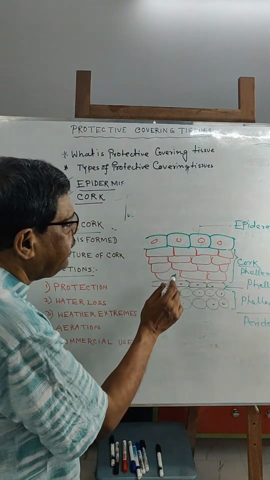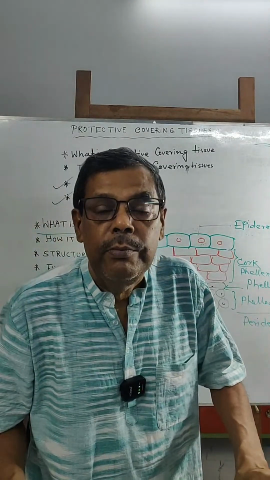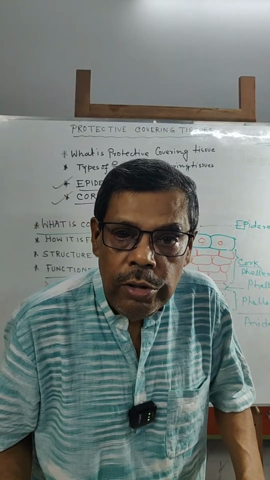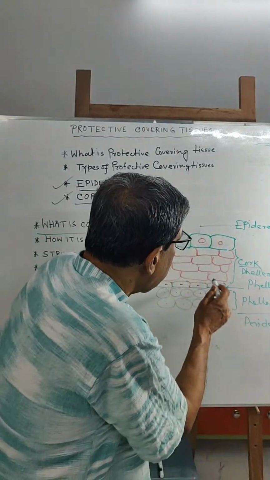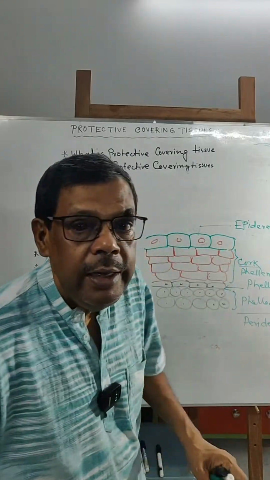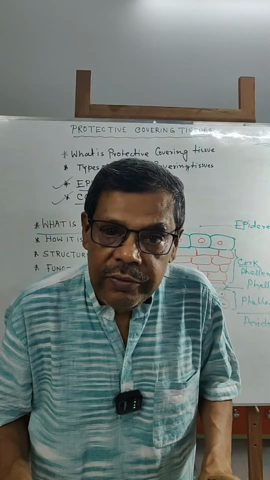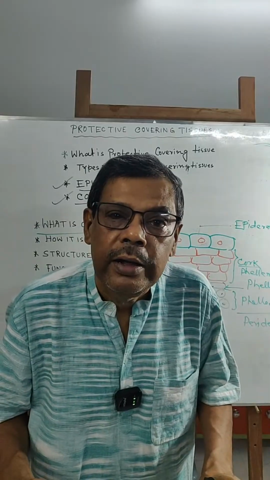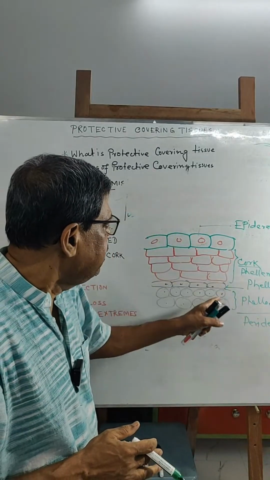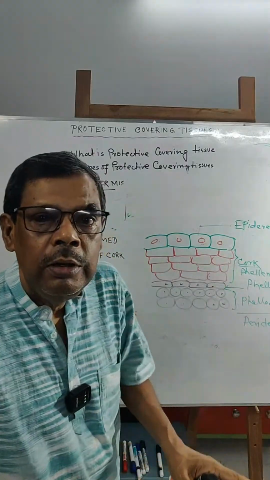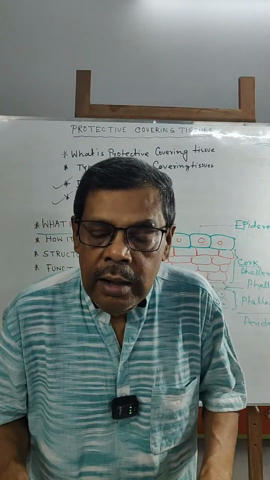This is the characteristic and how the cork cells are produced. Due to the cork cells, the outer layer is impervious to water and other substances, that is nutrients and water. So the outermost layer formed by the phellogen forms the bark.